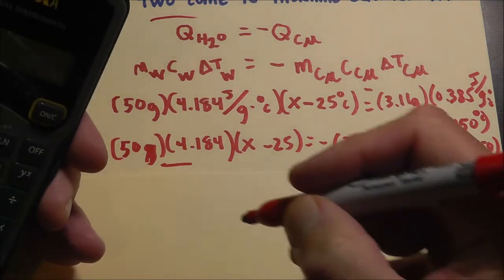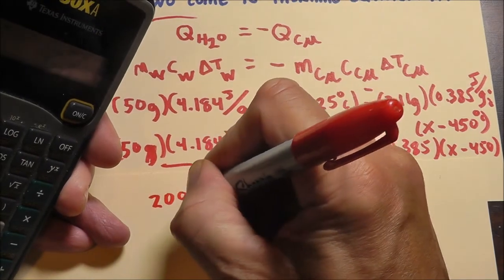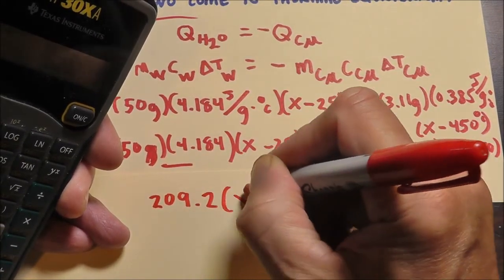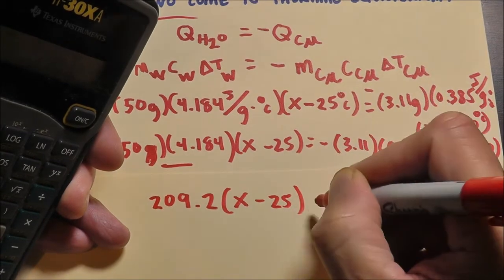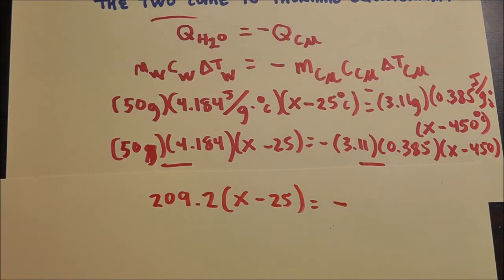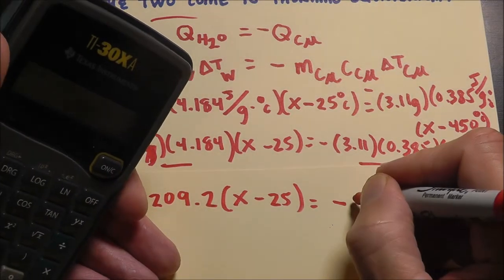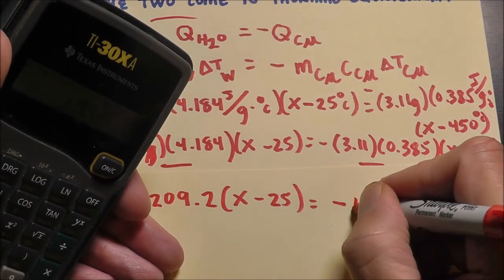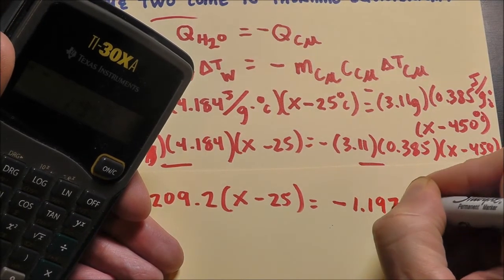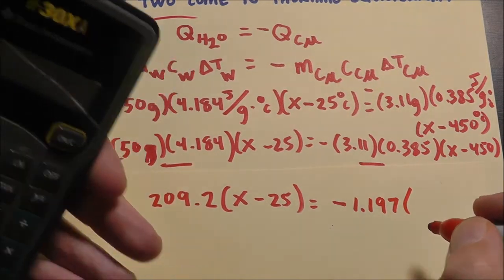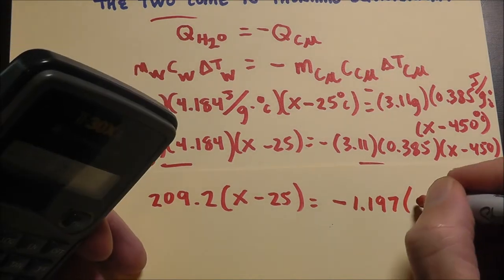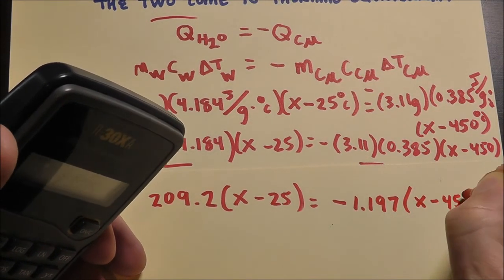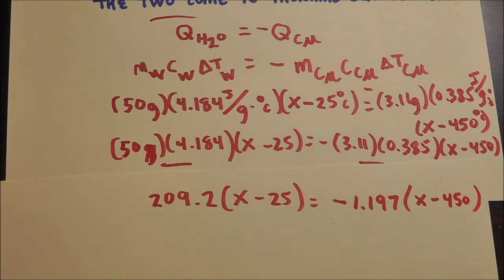So this is 209.2 times x minus 25 equals minus 3.11 times 0.385, 1.19735. That's a lot of digits. I'm going to truncate that a little bit, so I know I'm losing a little bit of precision there. times x minus 450. I know it's ahead, that's why I'm doing that.